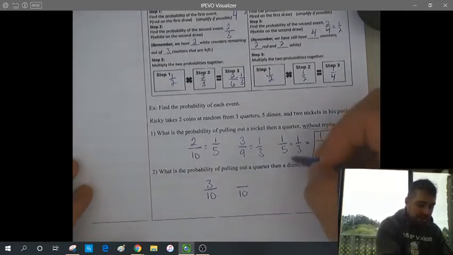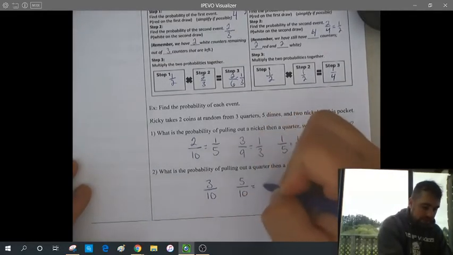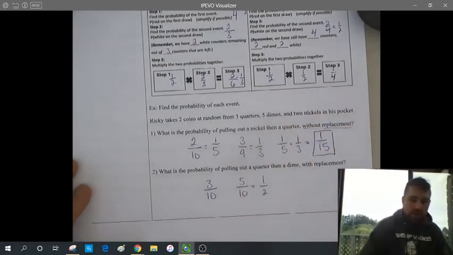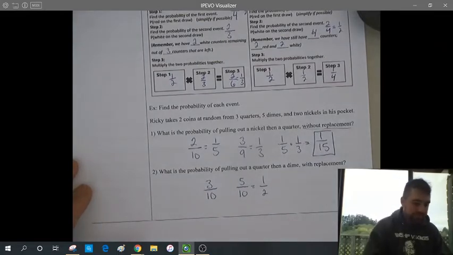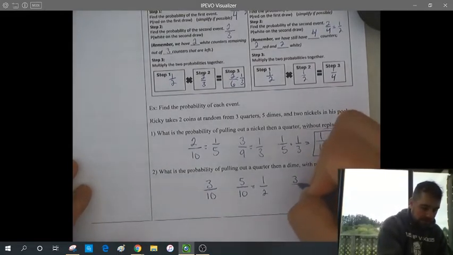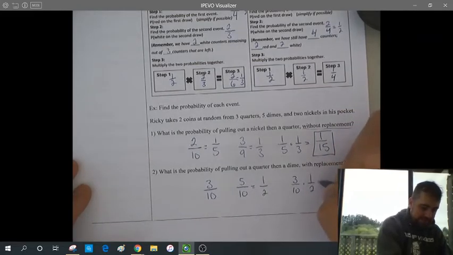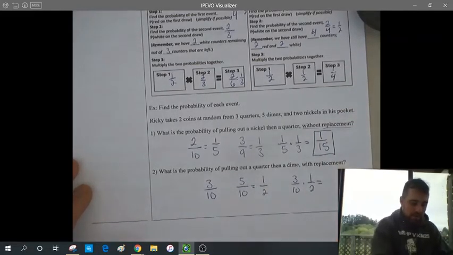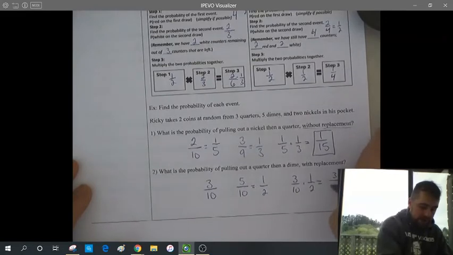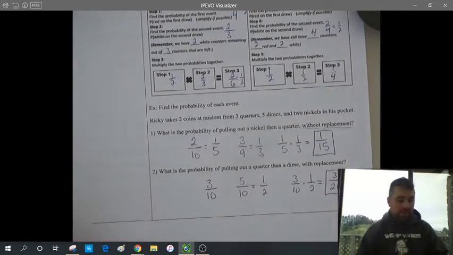And for a dime this time, there were 5 dimes, so that's 5 out of 10, which reduces down to 1/2. And so 3/10 on the first event times 1/2 on the second event gives us 3 out of 20 as our overall probability of choosing a quarter, replacing it back in the pocket, and then choosing a dime.